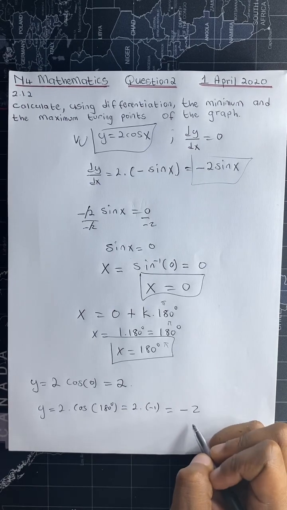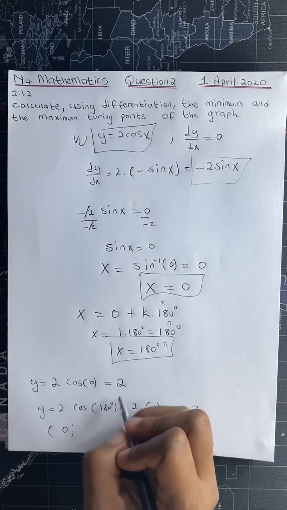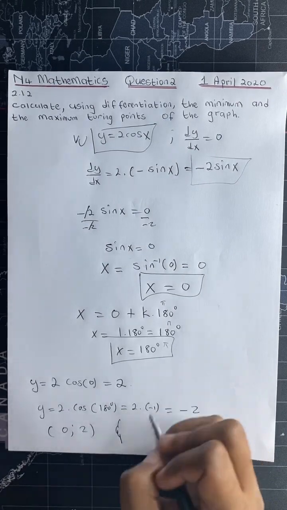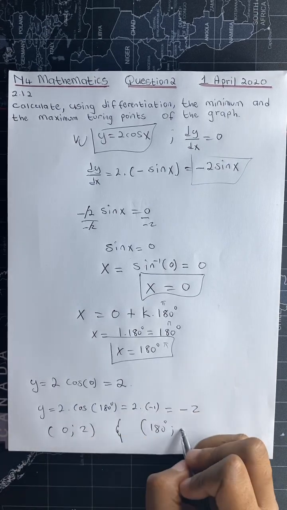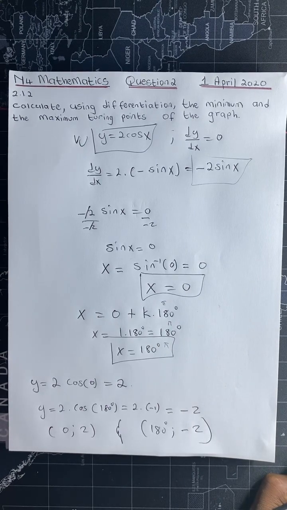So this will be equal to negative 2. So when x is equal to 0, y is equal to 2, and when x is equal to 180 degrees or pi, then y is equal to negative 2. So these are the two coordinates of our turning points.